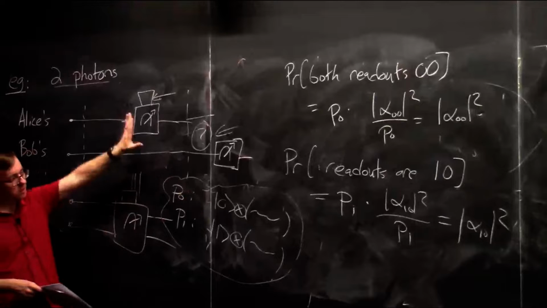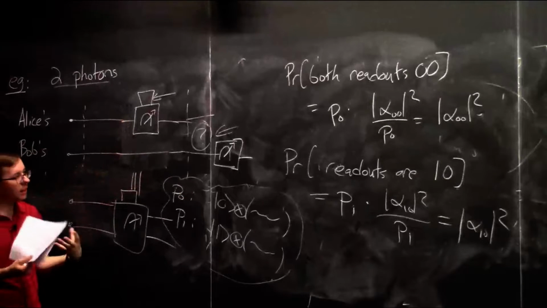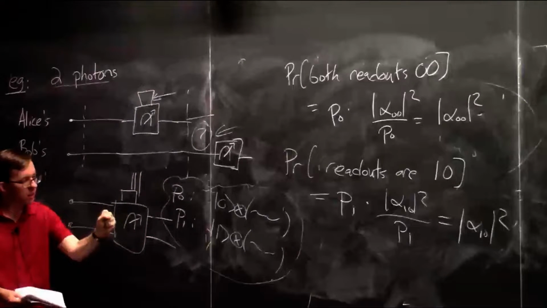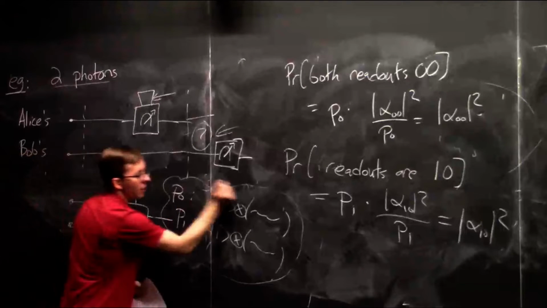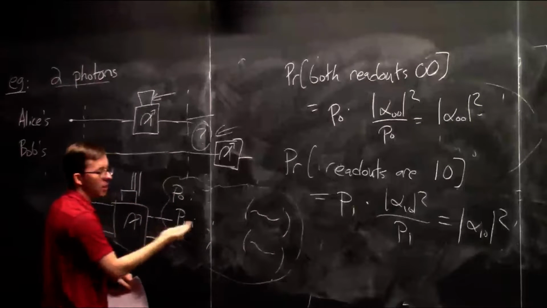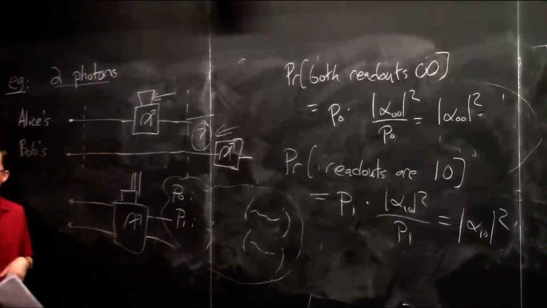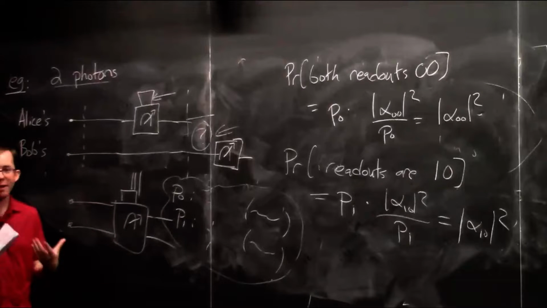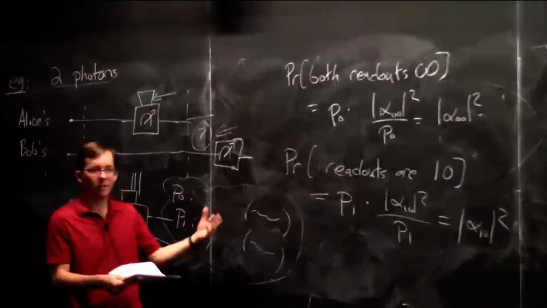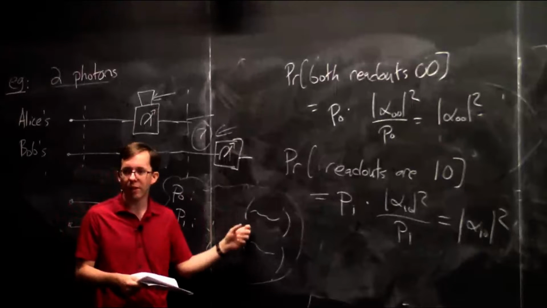And if Alice goes to the moon and we never see her again, you can continue with your analysis by just saying, oh, the state of Bob's solitary qubit is this. It's a p0 chance that it's this pure state, a p1 chance that it's this pure state. And you can combine the usual laws of probability with the laws of 1-qubit quantum mechanics that we know to deal with this.